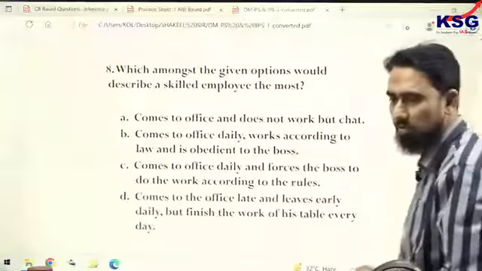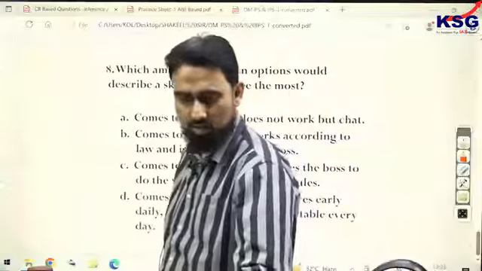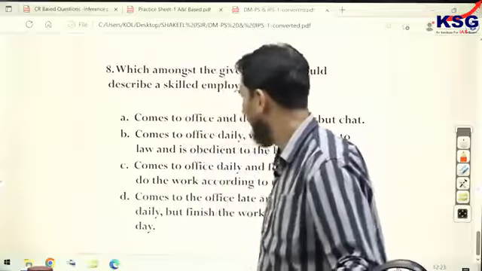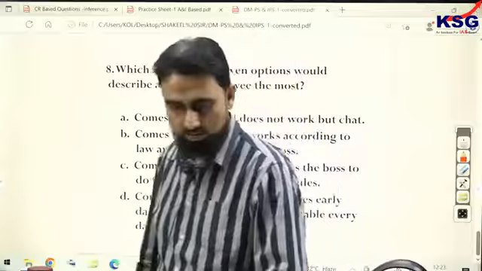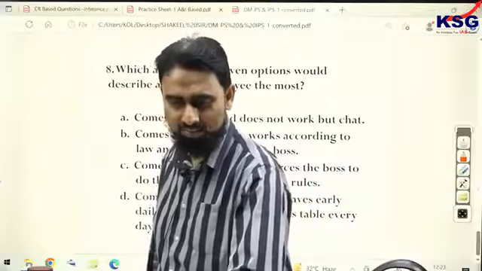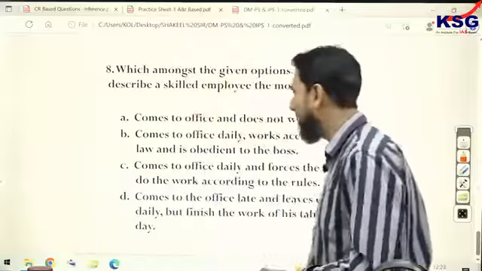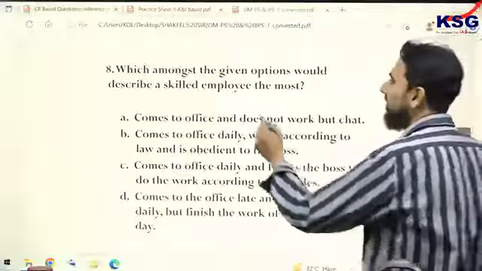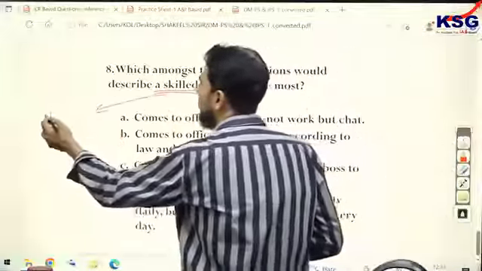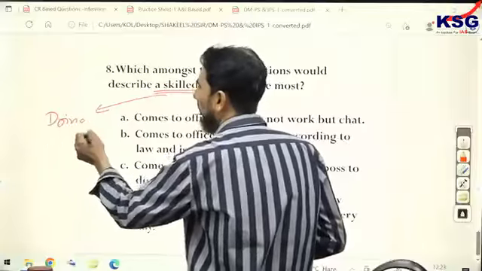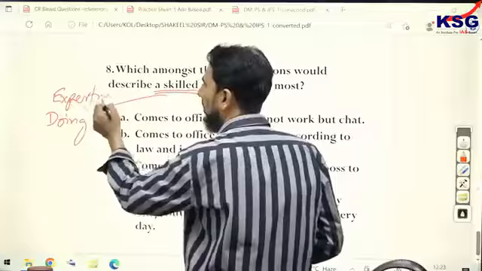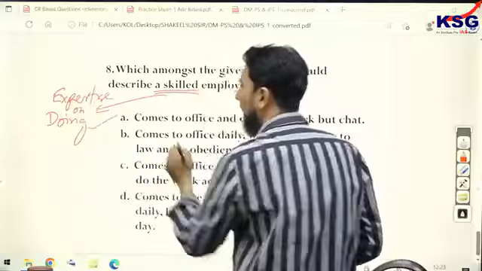And question number 8 is very interesting. Many students have chosen option B. What is the question? The question is, who is a skilled employee? A skill is expertise in doing, how adept you are at doing something, right?